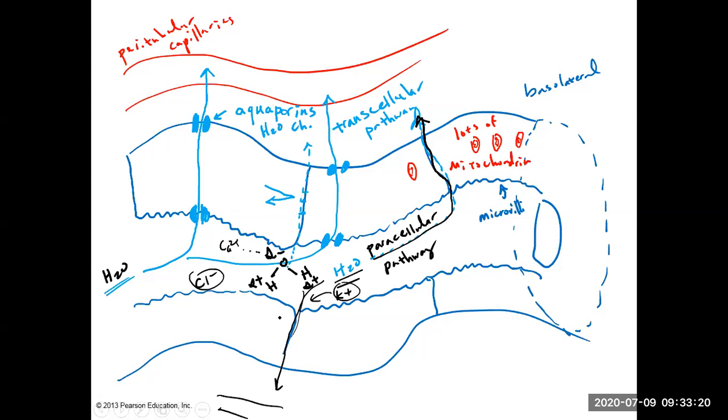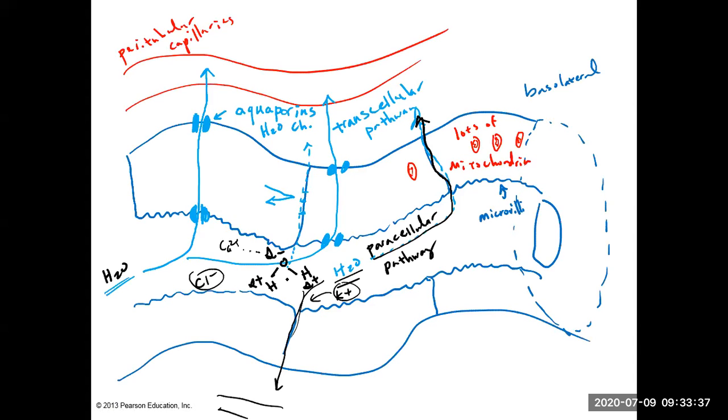Now, why are they not going into the water channel? Because they're not big enough. The water channels, aquaporin that we mentioned, are just for water. Ions cannot go in because they just don't fit and it's not permeable to them. But in this case, they can go between the cells. This term is called solvent drag.